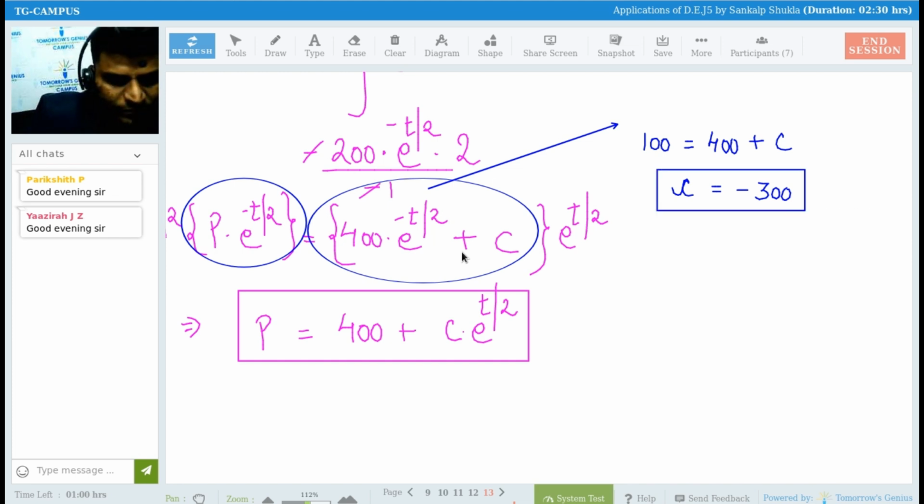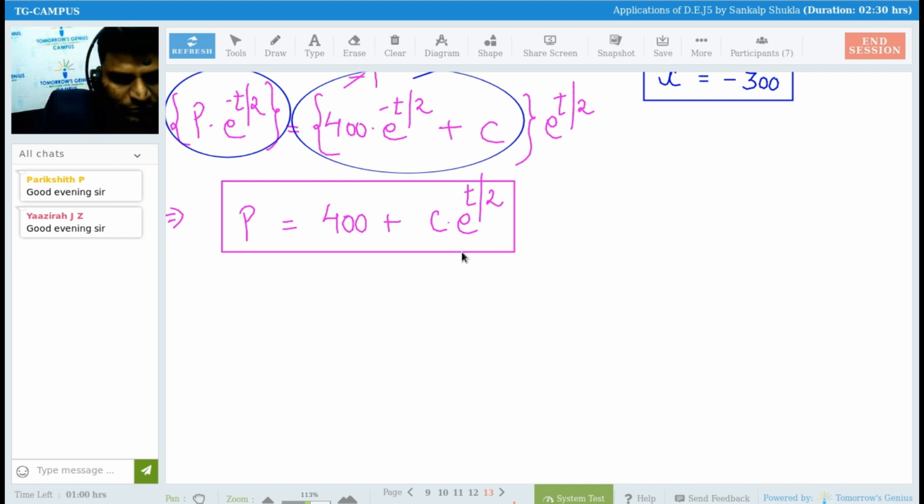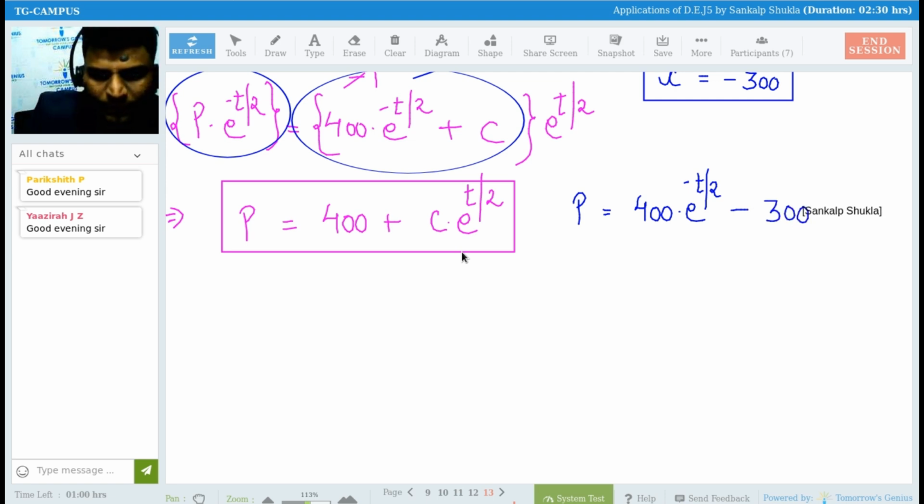So we can put this value over here. So p is 400 into e raised to the power minus t by 2 minus 300.